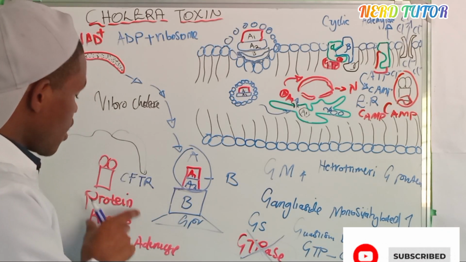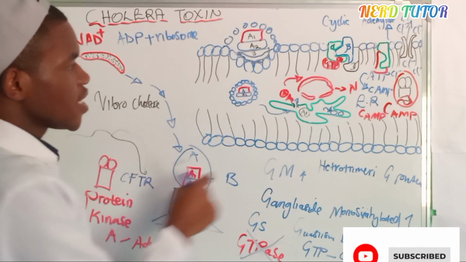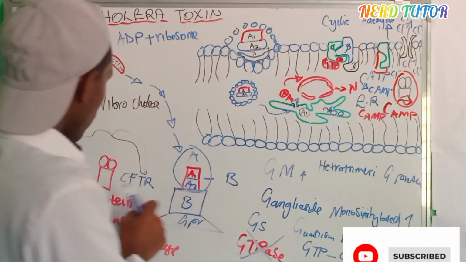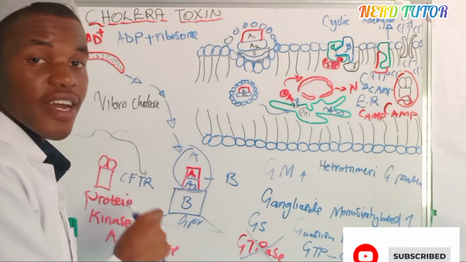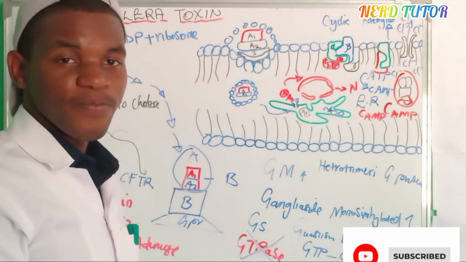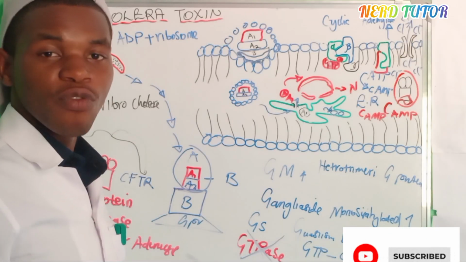This guy will make sure that a lot of channels open. Number one channel is CFTR here. What is the function of CFTR? CFTR allows chloride to go out of the cell. As the chloride is going out, even water will be following.